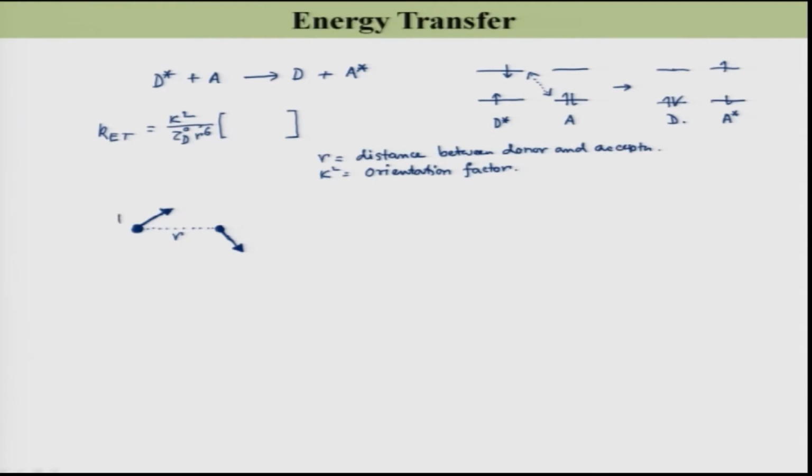So, this is my D, this is my A. Now, if you extend the line connecting D and A and measure the angle between this line and the acceptor dipole, let us say this angle is theta A, and similarly this angle is theta D.